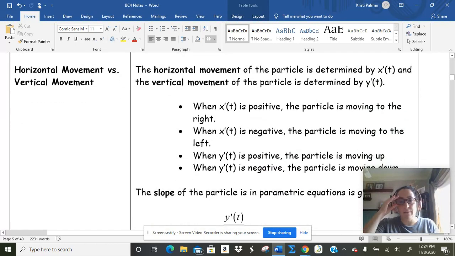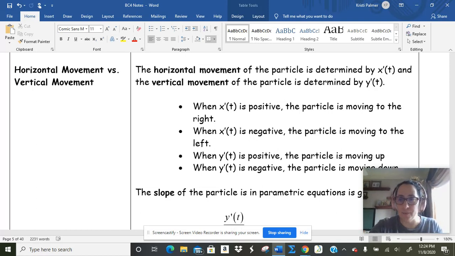All right, so all of that so far would have been some pre-calculus, and so now we're actually going to get into a calculus piece of this parametric stuff. Okay, so horizontal and vertical movement, we already kind of talked about. The x is horizontal movement, and the y is vertical movement.